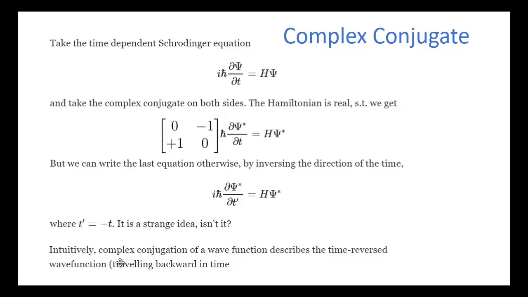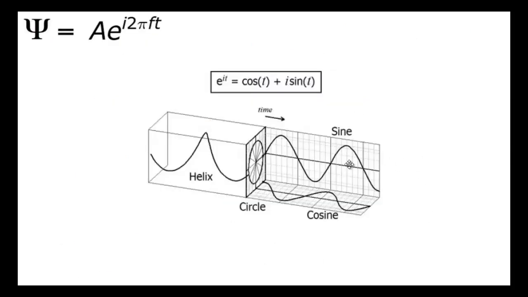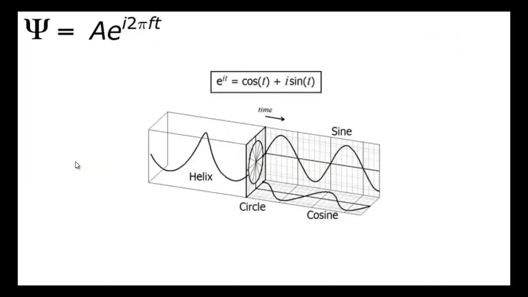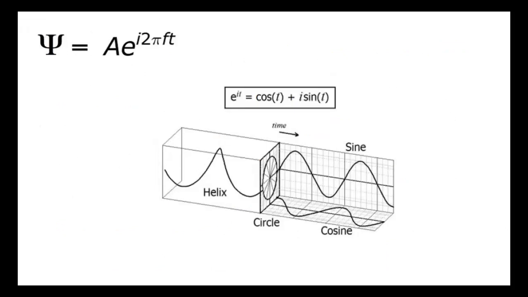No. In reality, what's happening is the phase is going in the opposite direction, and you're looking at it from a different direction. And so I think the complex conjugate is more intuitively thought of as a change of perspective rather than a reversal in time.